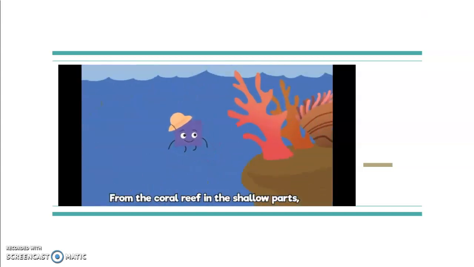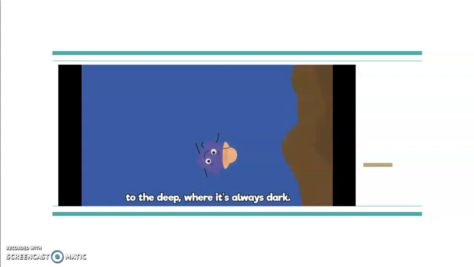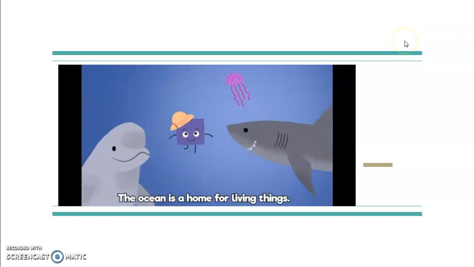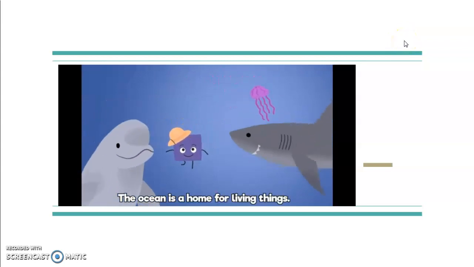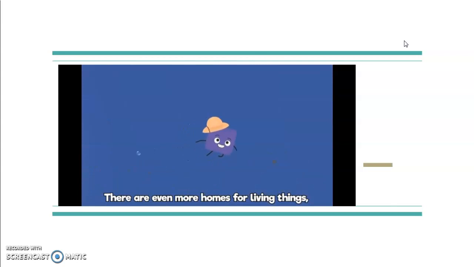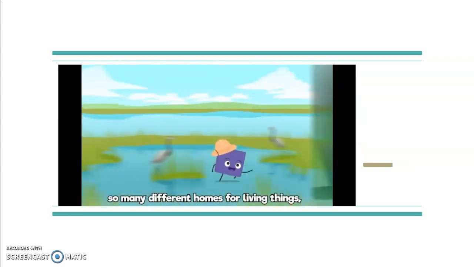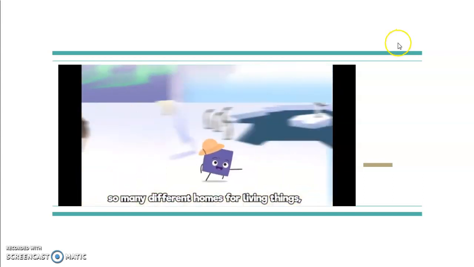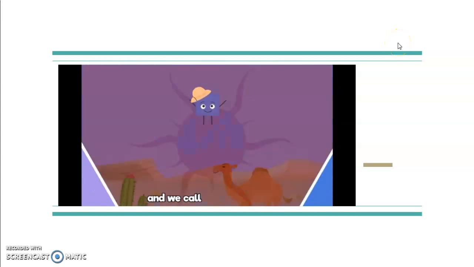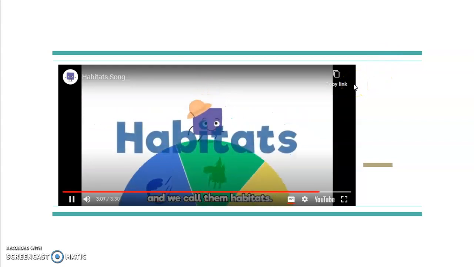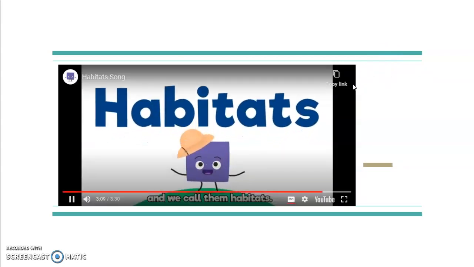From the coral reef in the shallow parts to the deep where it's always dark. The ocean is a home for living things. There are even more homes for living things. So many different homes for living things, and we call them habitats.